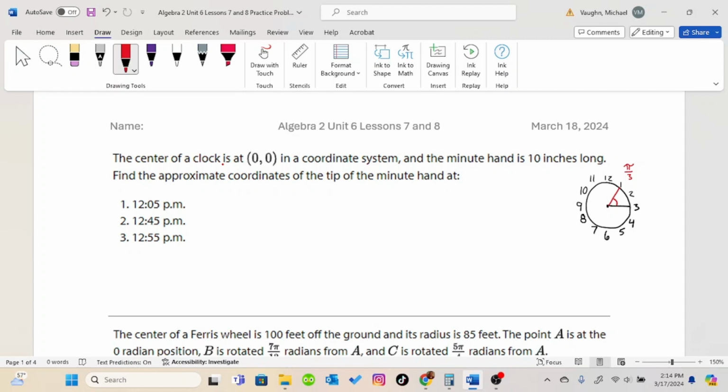So when we're looking for the coordinates, remember that our coordinates are always x, y. But now we're talking about trig, so our x is going to be cosine of our angle, pi over 3.